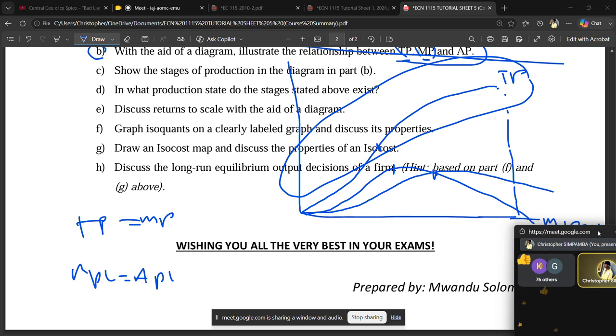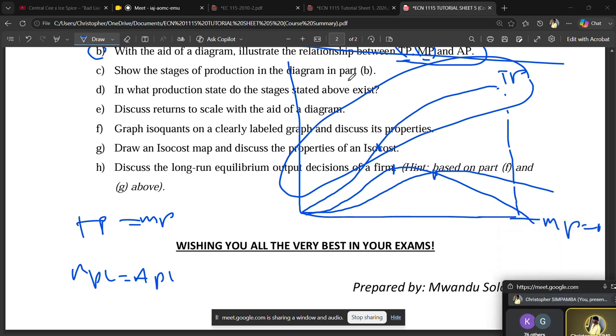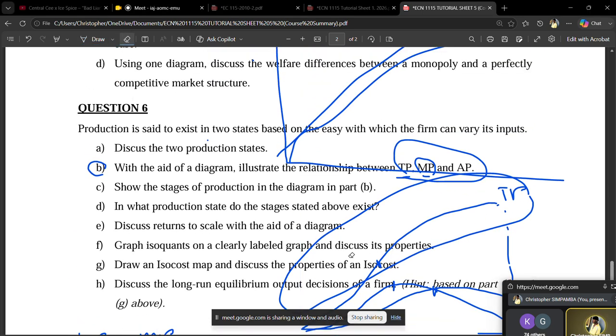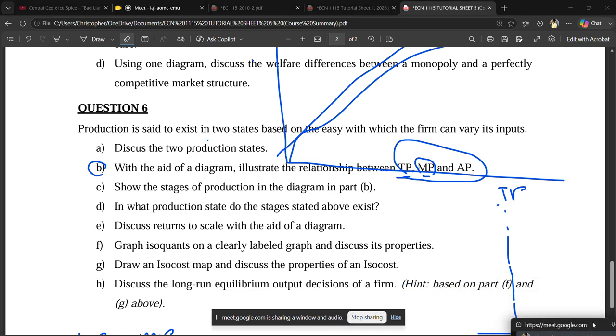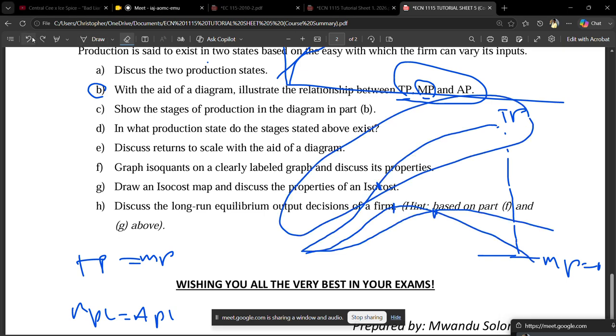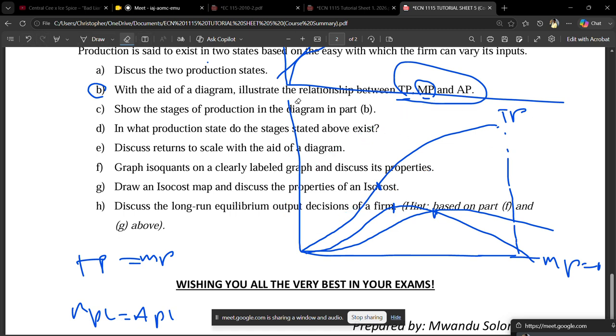From what I've illustrated, this is everything that we have to follow. So we can move on to question C. Question C was saying, show the stages of production on this curve. So let me put this graph the way it was. I had mentioned that we have three stages of production.